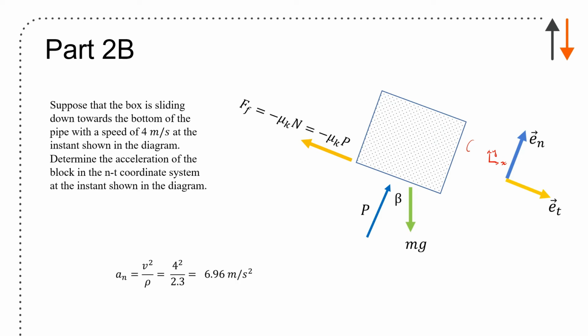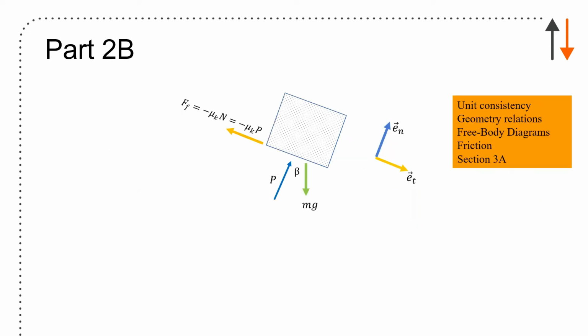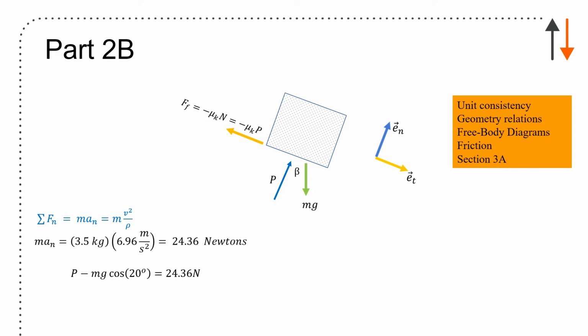So acceleration normal is equal to v squared divided by rho. Rho is 2.3 meters. V is given in the problem as 4 meters per second, and you get 6.96 meters per second squared. If you substitute in terms, you have unit consistency, and you have to worry about that. So sum of forces in the normal direction, mass times acceleration normal is 24.36 newtons, and you have P acting upwards.